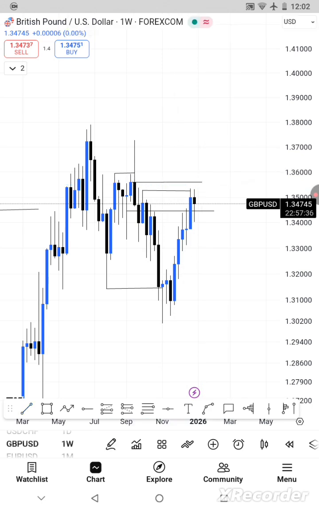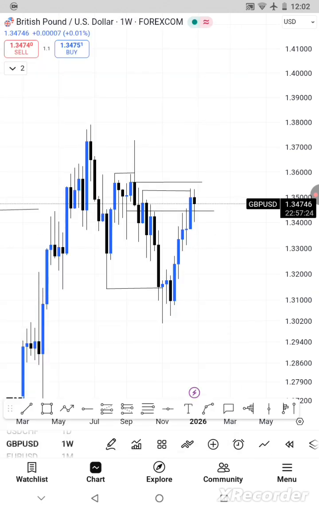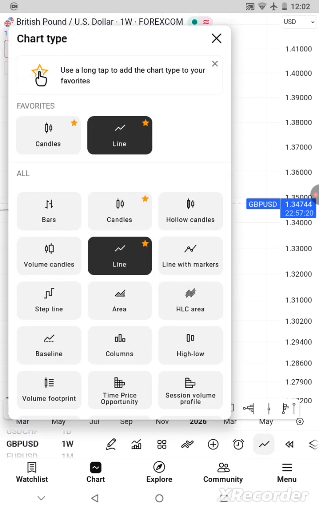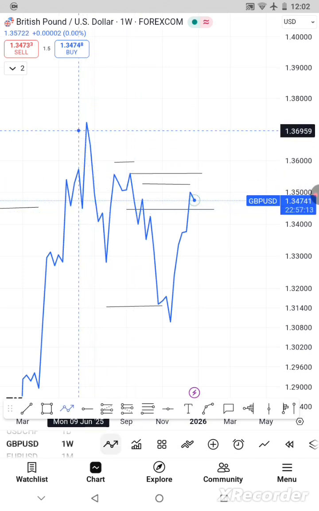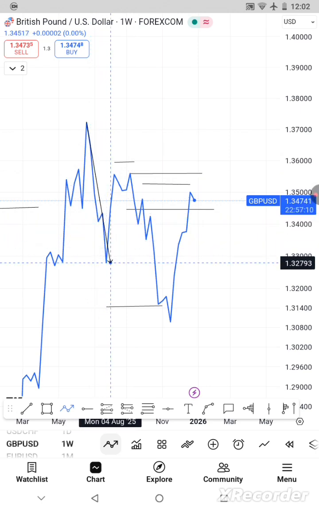If we take a look at the line chart, we will explain this better. Looking at the line chart, we can see the market structure is going down like this.